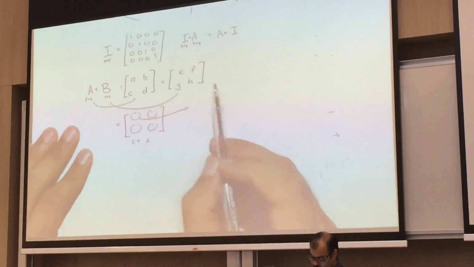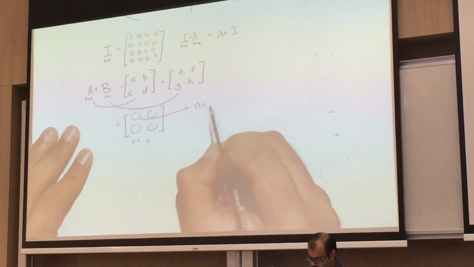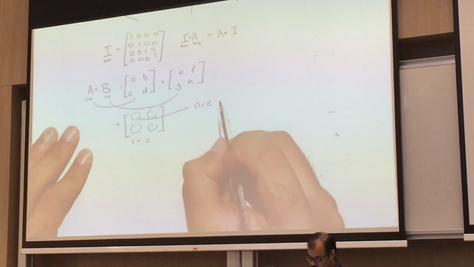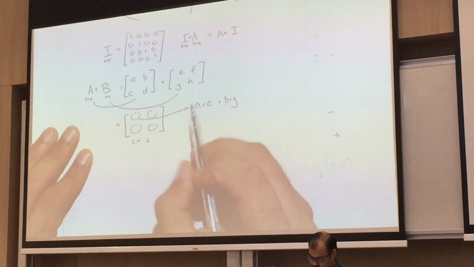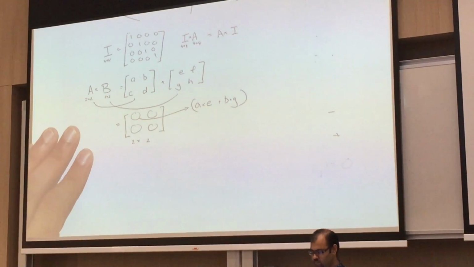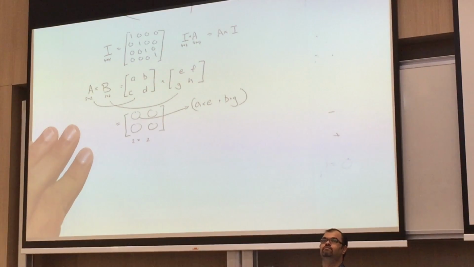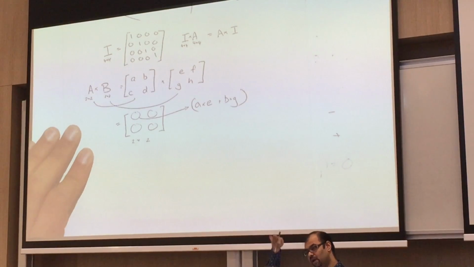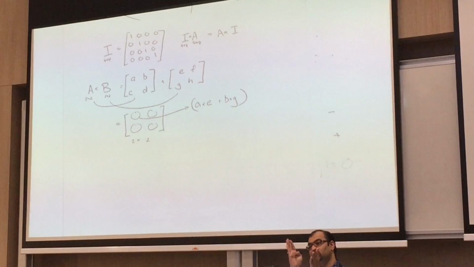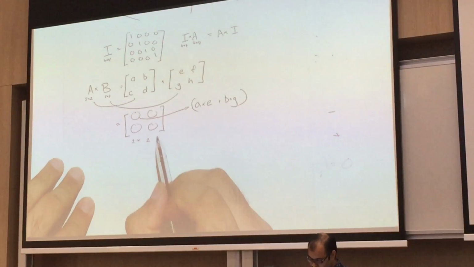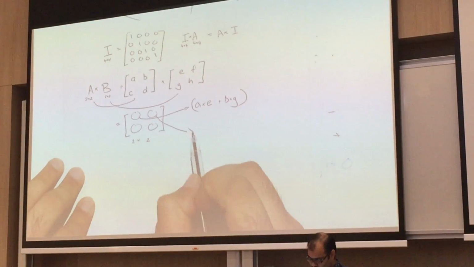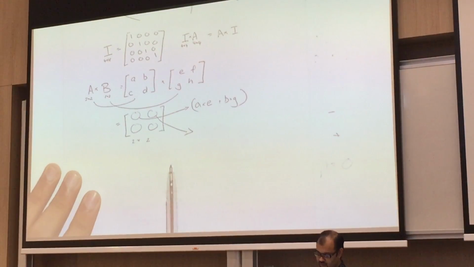So it will be AE plus BG. Right? You go for the row and you match. If A matches to the E, multiply them, plus B and G. Same thing, if you're going for this one, how will it be?